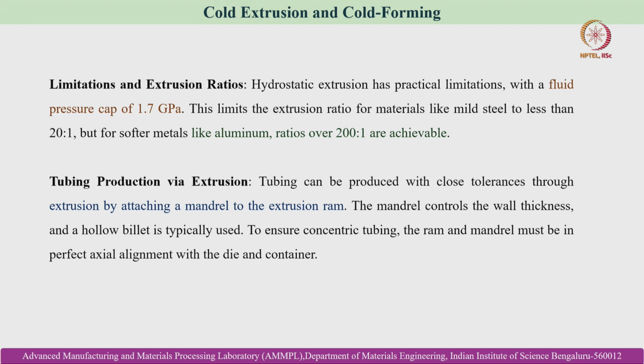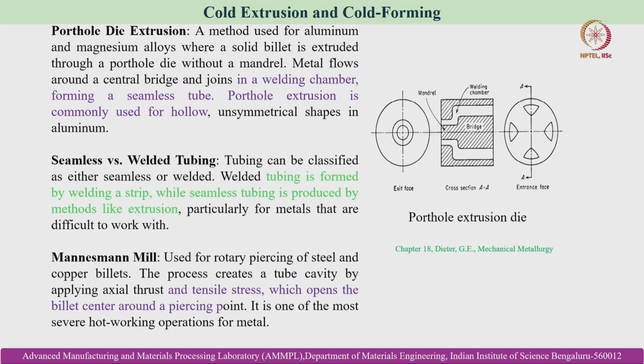The mandrel controls the wall thickness, and a hollow billet is typically used for this purpose. To ensure concentric tubing, the ram and mandrel must be in perfect axial alignment with the die and the container.